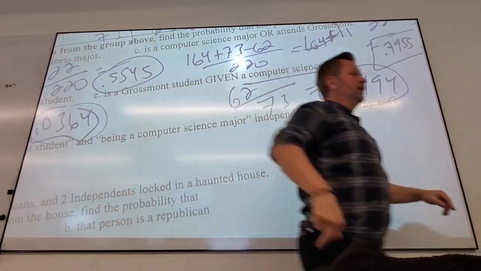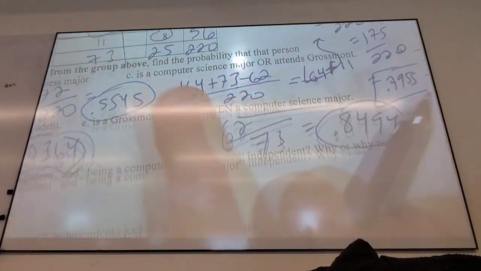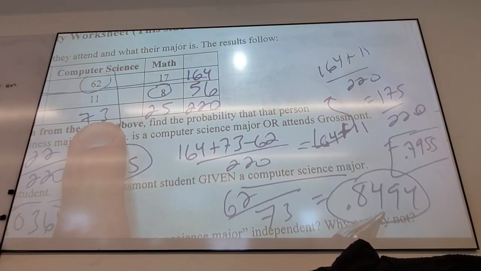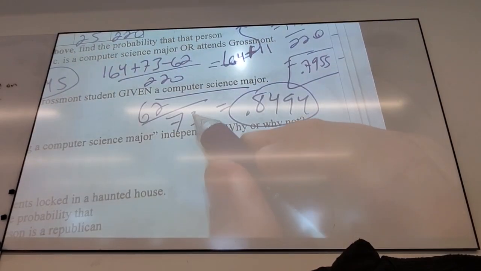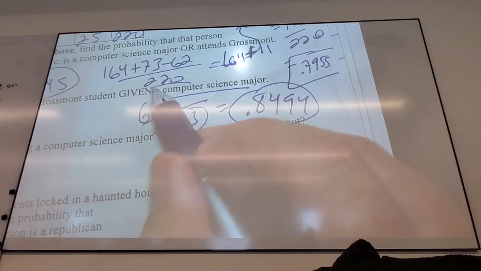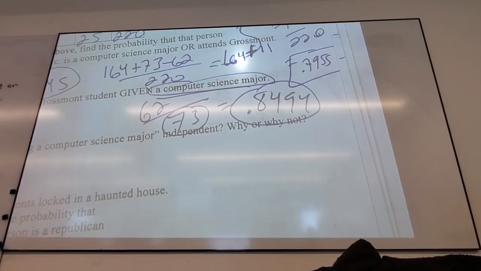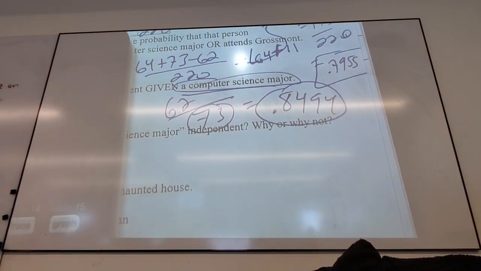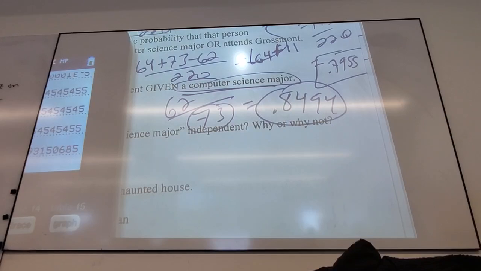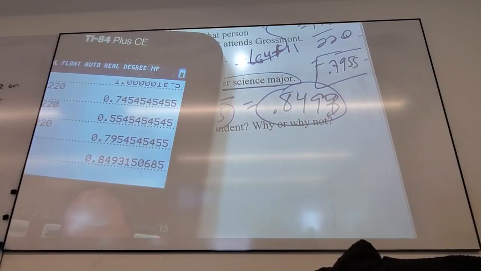So how many people could I be talking about? 73. So what will the denominator always depend on? The piece that I'm given. Yes? Why is it 0.84? I don't know. I crowdsourced it, so let's see. So it should be 0.8493, yes. Right? 0.8493.